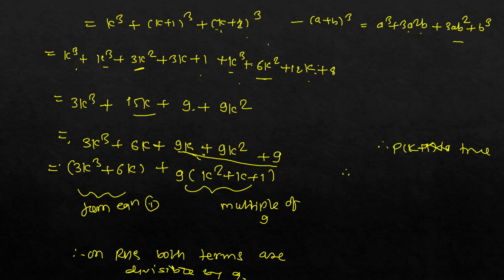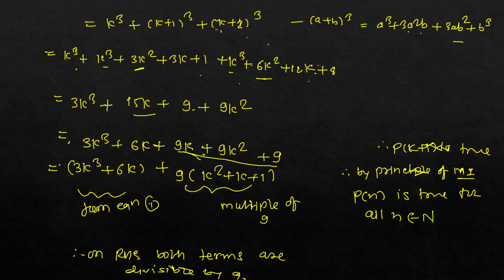Therefore, by the principle of mathematical induction, step number 1, step number 2 and step number 3 should all be true. So here it is true, meaning P of n is true for all n belongs to capital N.